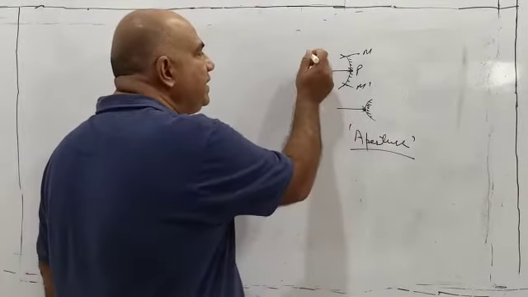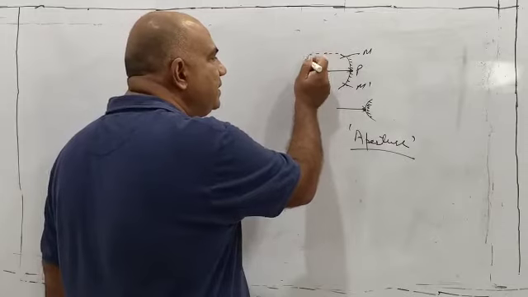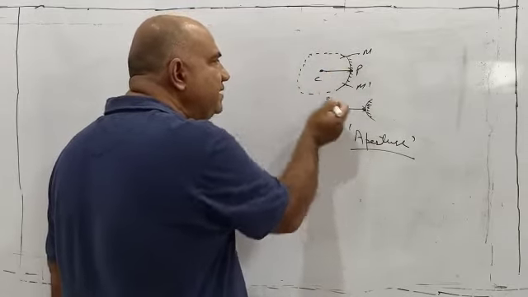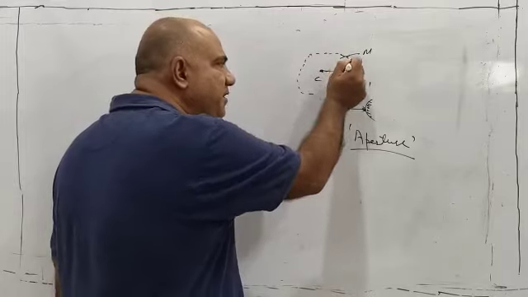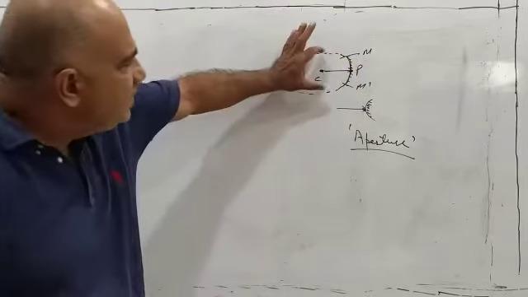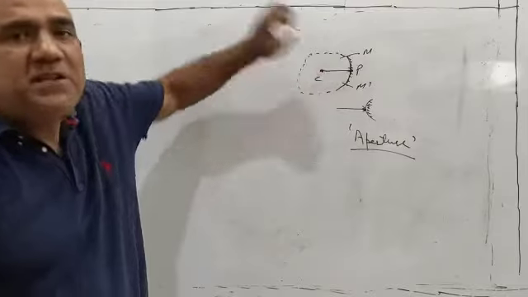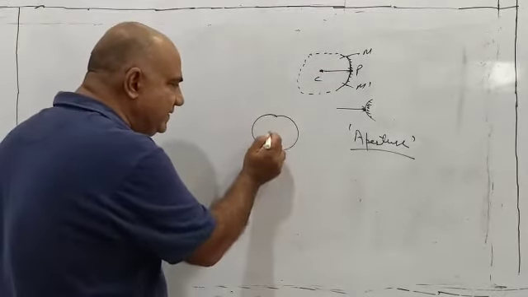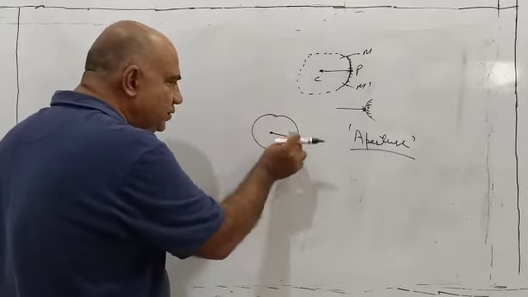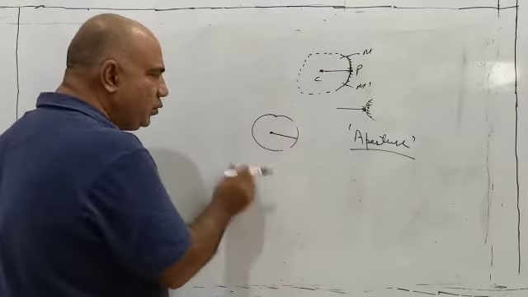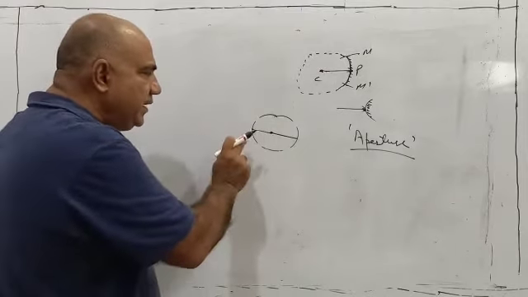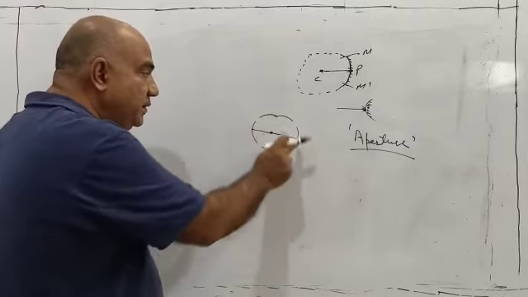See, if I complete this sphere from where this must have been taken, whatever is the center for this sphere is also the center for this part of it, because this mirror is nothing but a part of this sphere. If I draw a circle and say this is the center for this circle, this is the center for this part. Also this is the center for this part. It is the center for every part. And it is also the center of this circle.